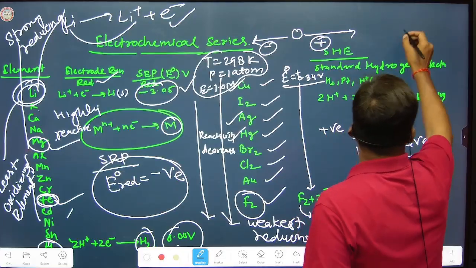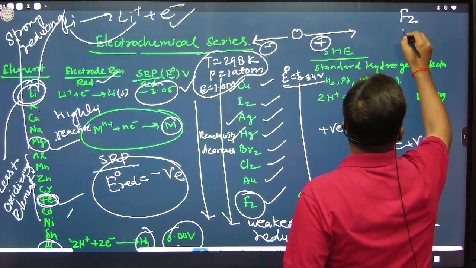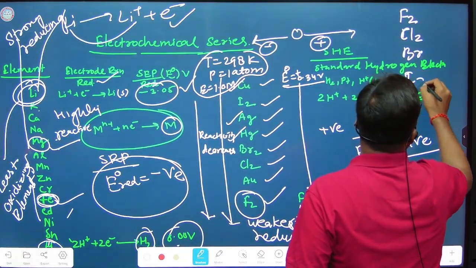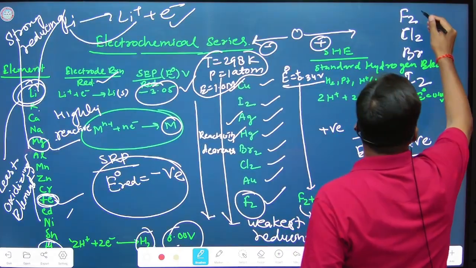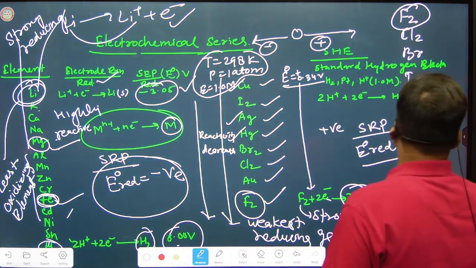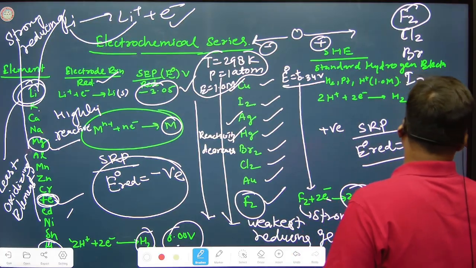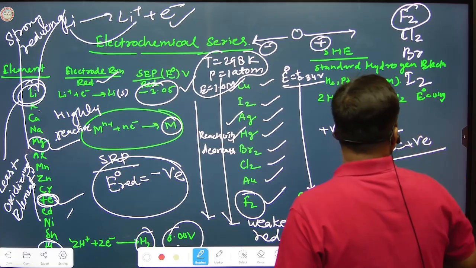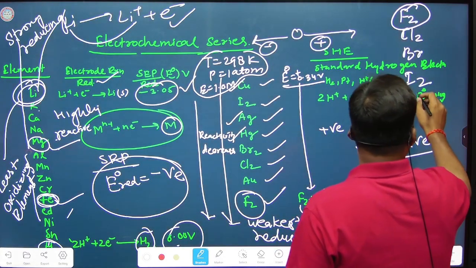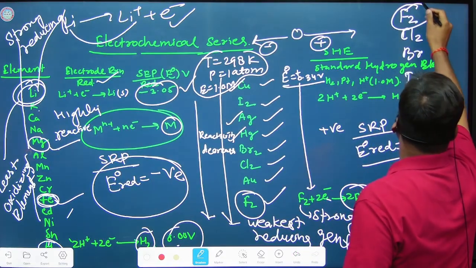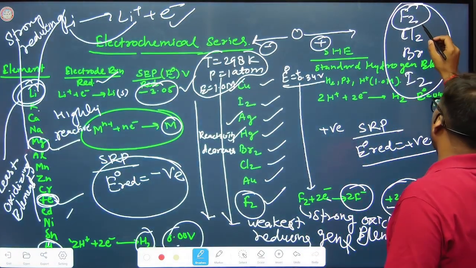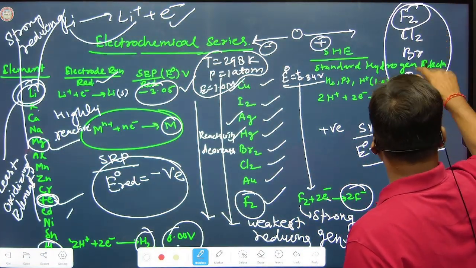In the halogen family, that is F2, Cl2, Br2 and I2, right? Fluorine is the most strong oxidizing element compared to iodine. So iodine is the weakest oxidizing agent in this halogen family, while fluorine has the highest oxidizing power, right?